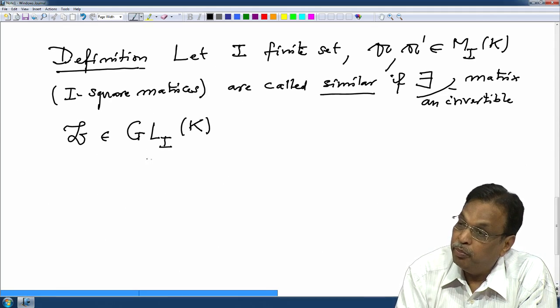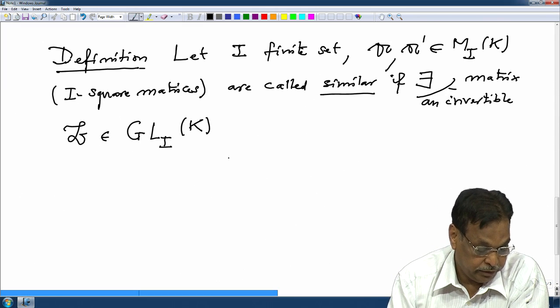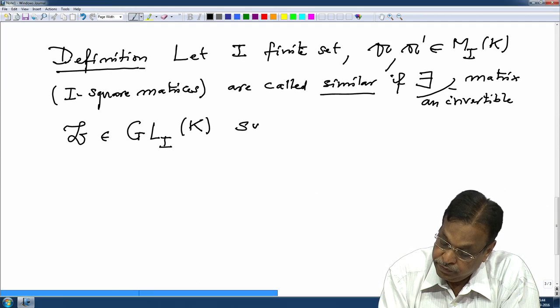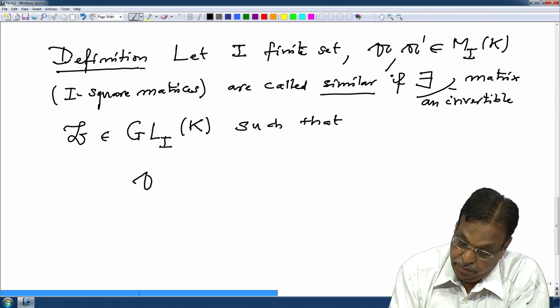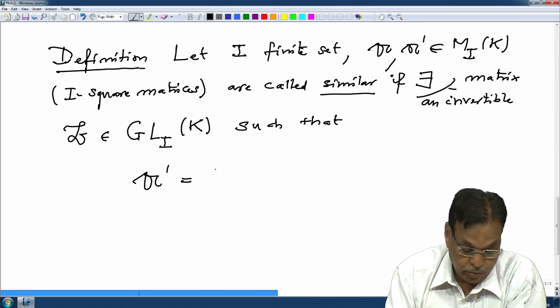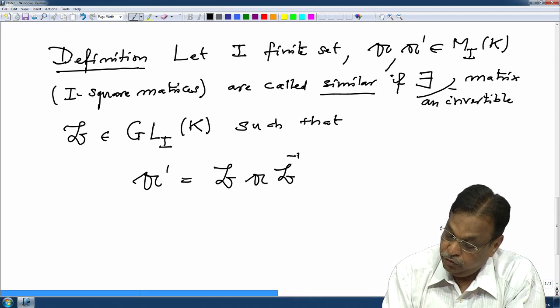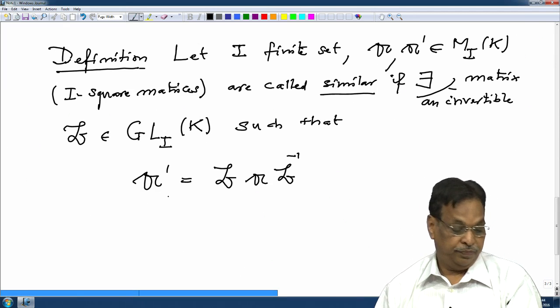Remember, this is a group under matrix multiplication, such that A prime equals B A B inverse. Then we call A and A prime similar.